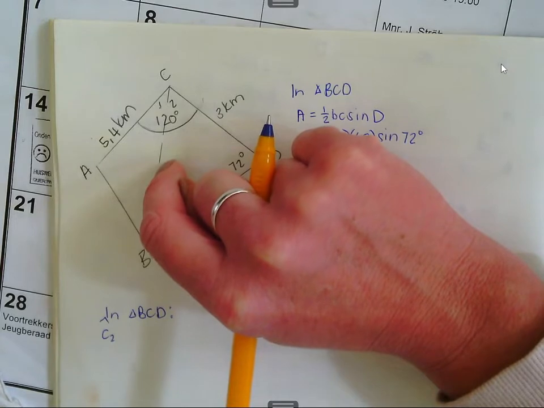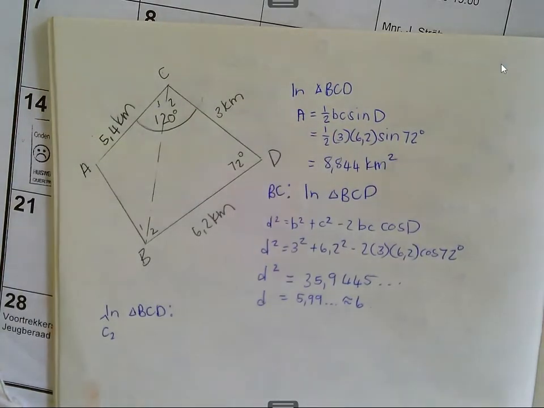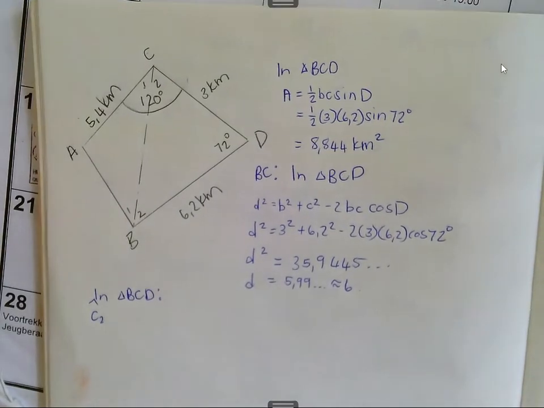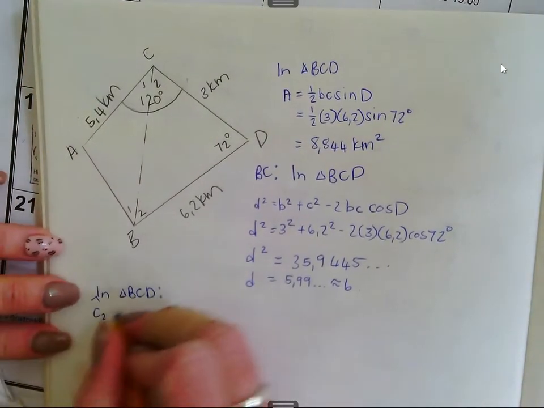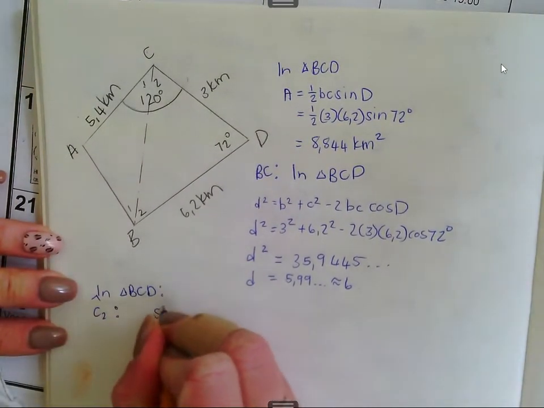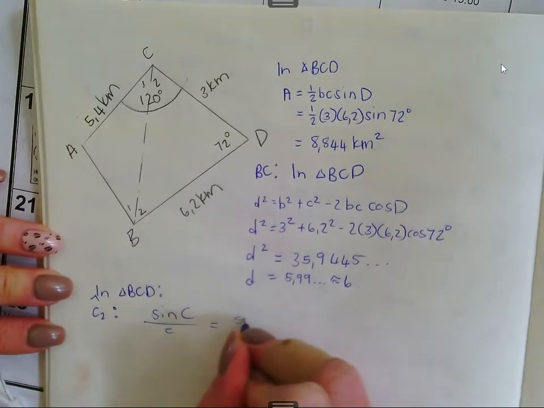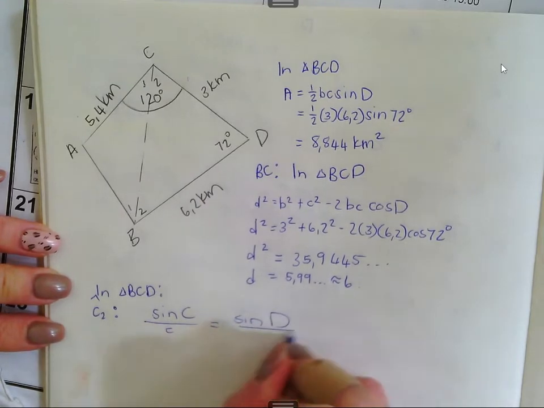Do you agree with that? I'm not even going to check for cosine. I told you guys I don't like cosine when I have to find the angle. So I'm going to say sin C over c is equal to sin D over d.